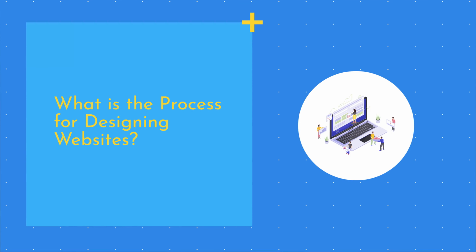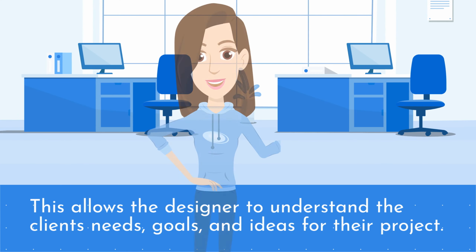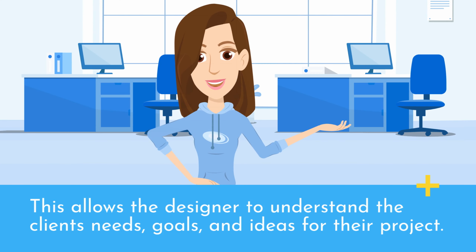What is the process for designing websites? The web design process begins with a consultation between the client and the designer. This allows the designer to understand the client's needs, goals, and ideas for their project.